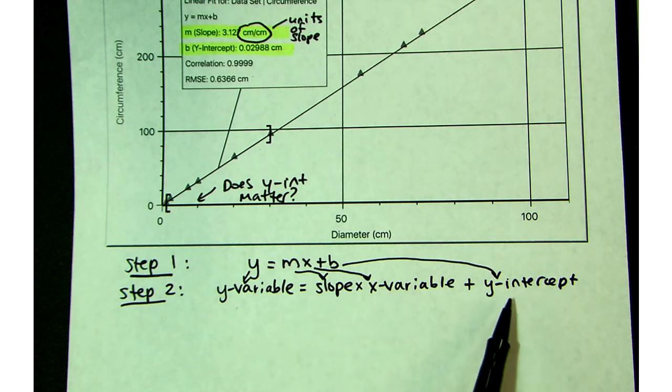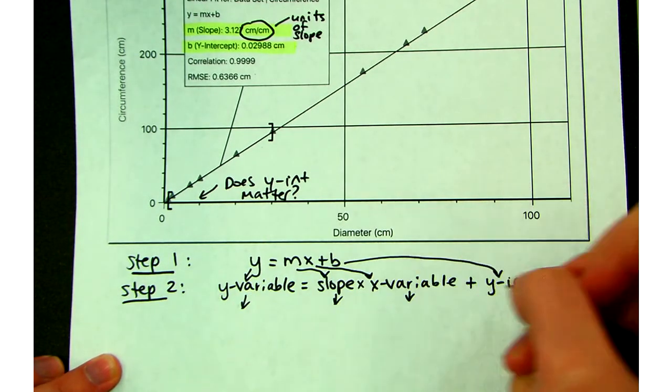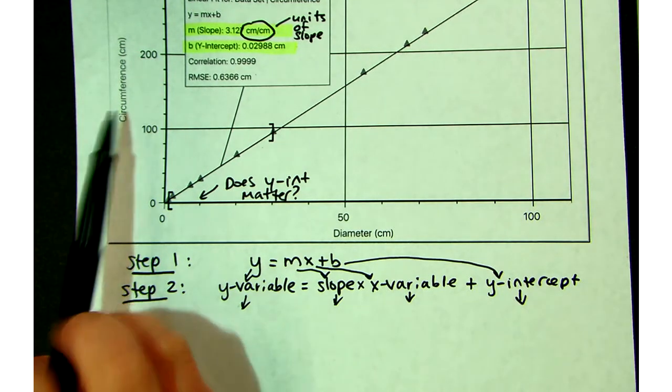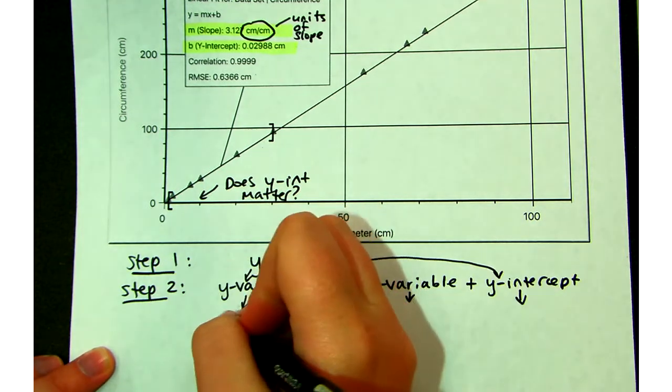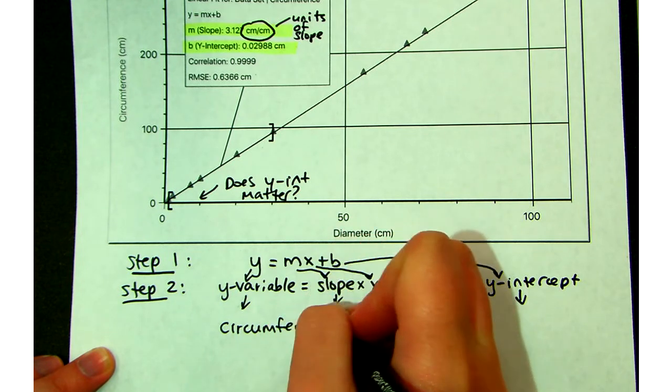All right, now I'm going to do another step, which is I'm going to say, what did we actually get for each of these, right? So what is my y variable? Well, I look up here, I look at my graph, and I see, oh, it's circumference. So I'm just going to write in the word circumference here. So the circumference is equal to my slope. Now I have a slope on here that's a number, right?